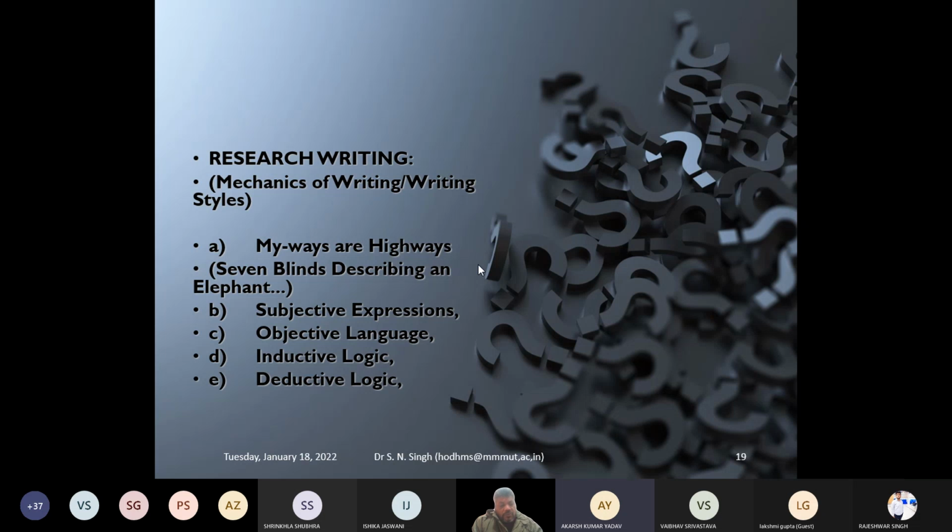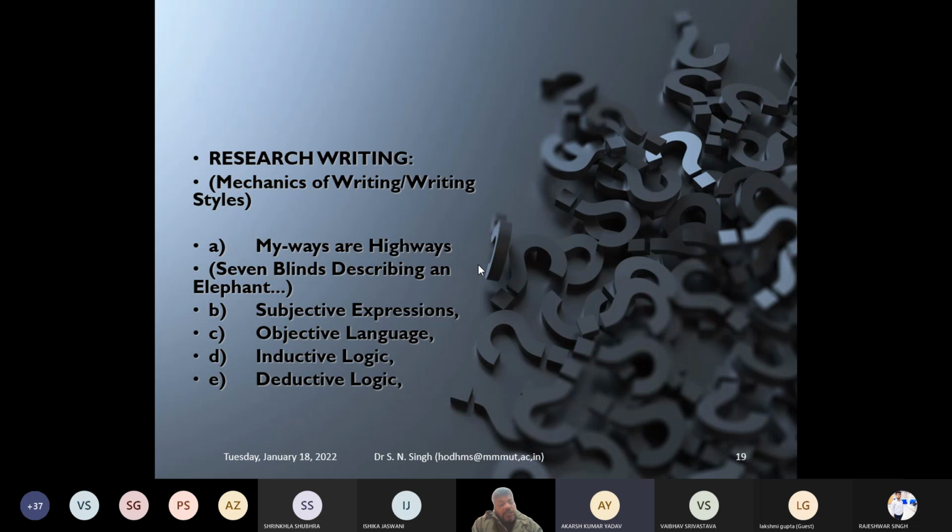The people of this city primarily speak Bhojpuri. It is located quite close to Nepal. Then there will be other facilities and challenges. So that may be the objective language.